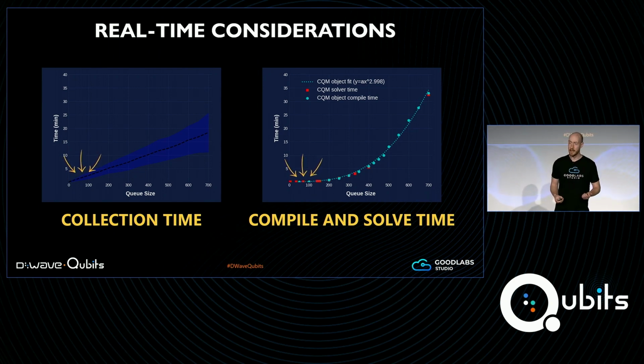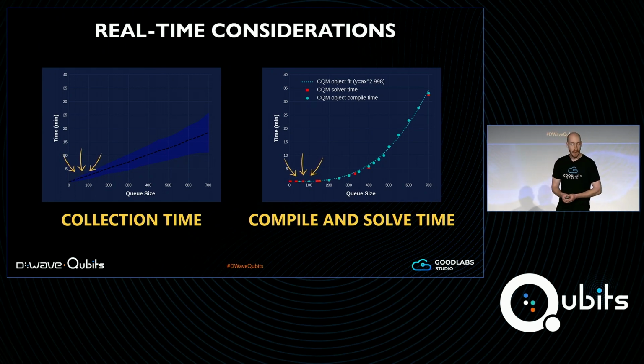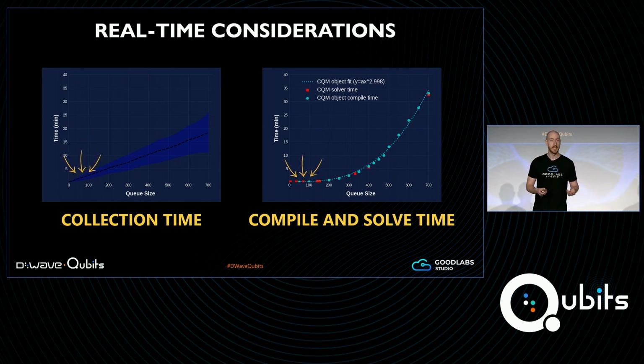We then need to compile the CQM object with respect to the number of variables and the constraints as defined by the equation presented by Chris. We then need to send, solve, and receive the answer from D-Wave's system, and then post-process it. The first step increases linearly with batch size, and the second and third step increases quadratically with batch size.